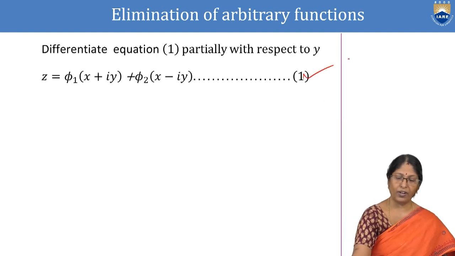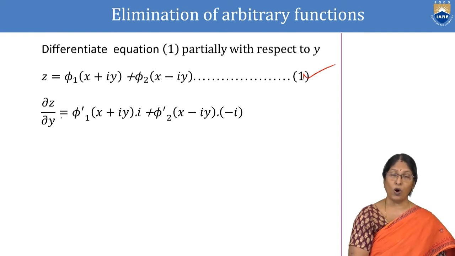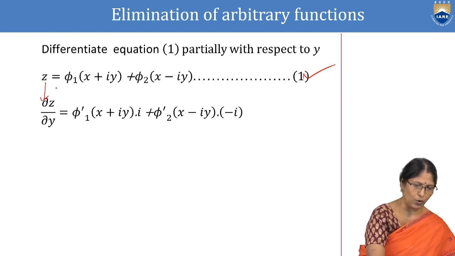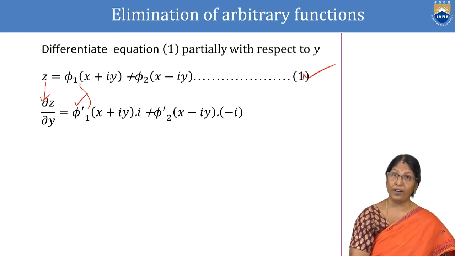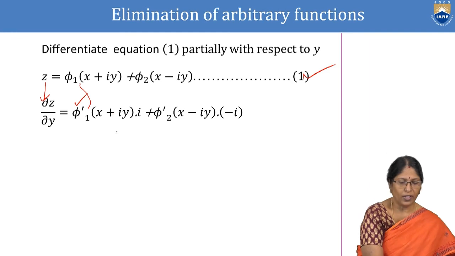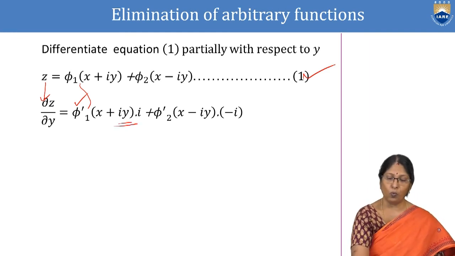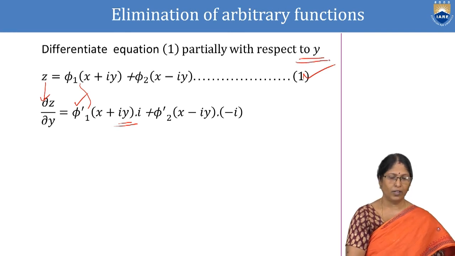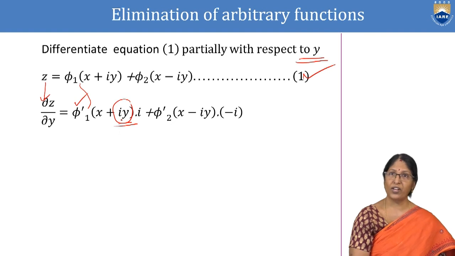So this is our given equation. So now ∂z/∂y. So it is written ∂z/∂y. So φ1 of x plus iy, the differentiation is φ1'. So here we are partially differentiating with respect to y. So iy is there, y differentiation is 1.